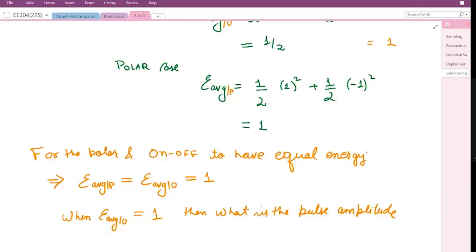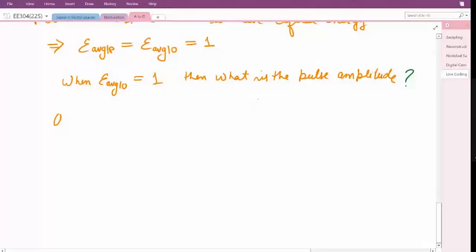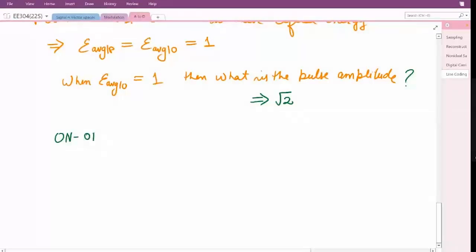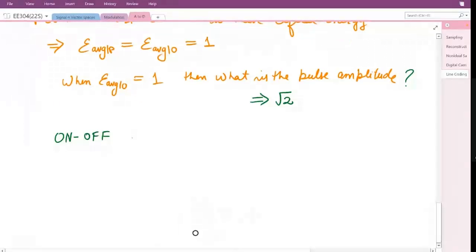Then for the on-off case, what should be the amplitude of the pulse? Square root of 2. So for on-off, there are going to be two levels, 0 and square root 2.